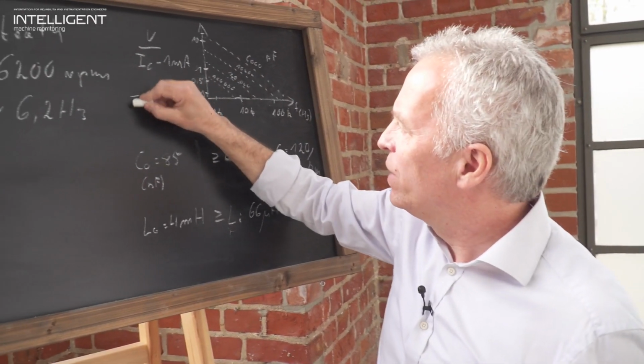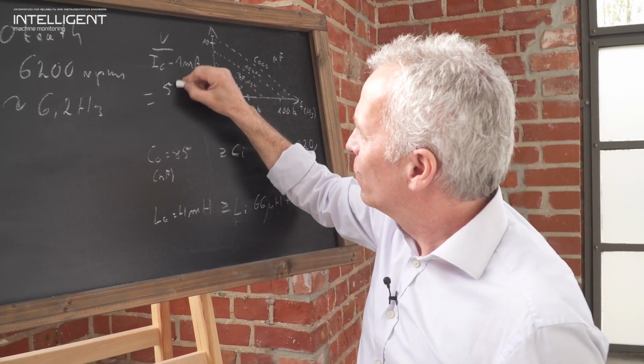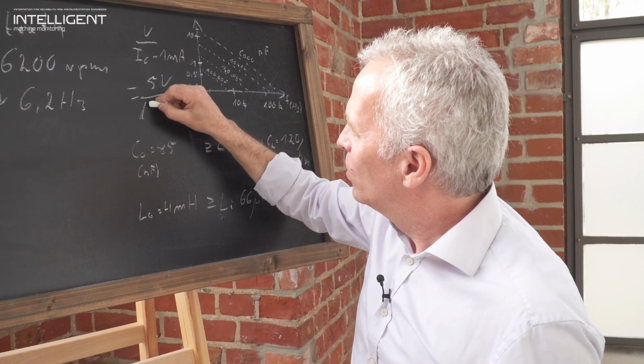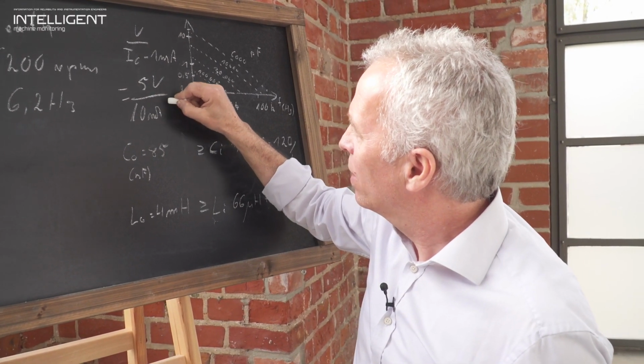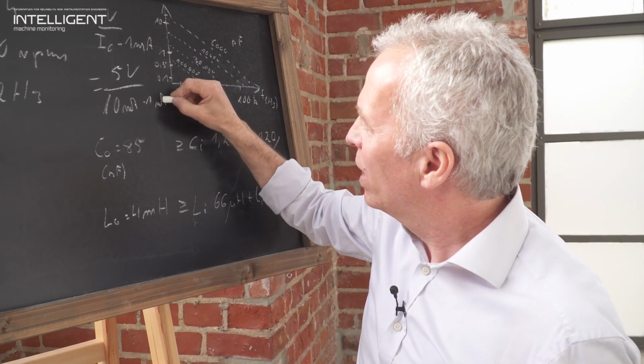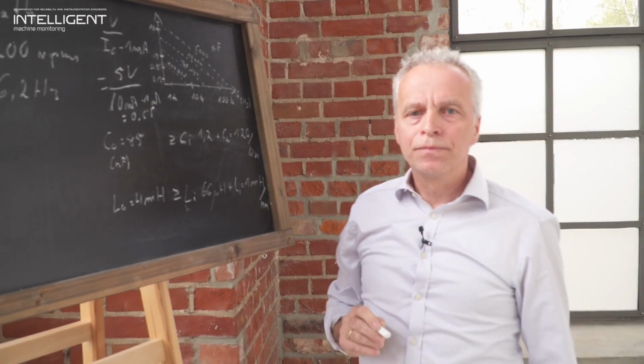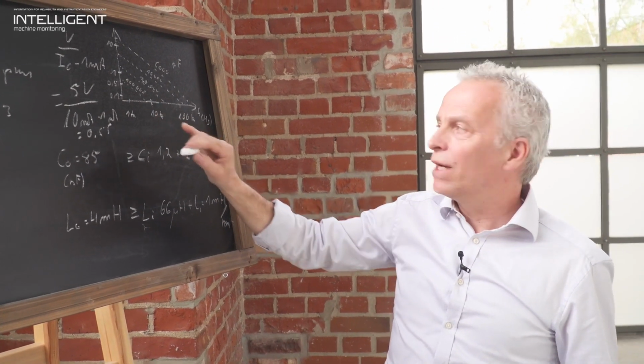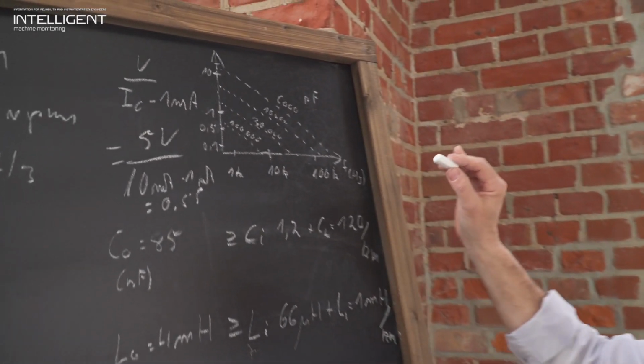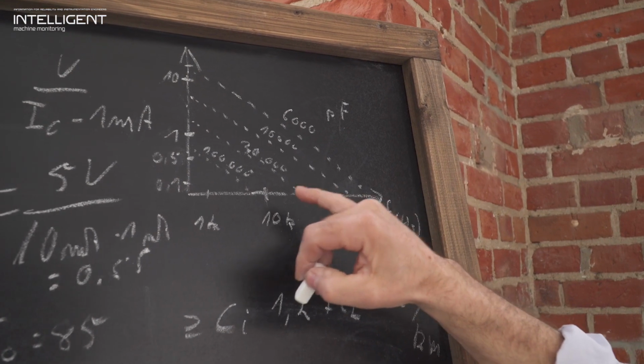So if we have 5 volt divided by the maximum current of 10 milliampere minus 1 milliampere, we get a value of 0.55.